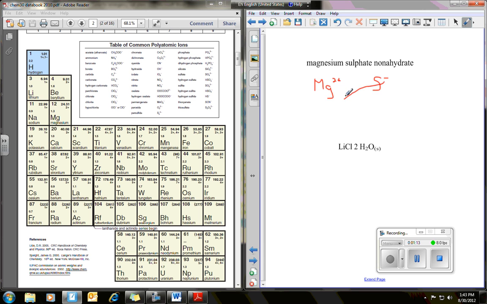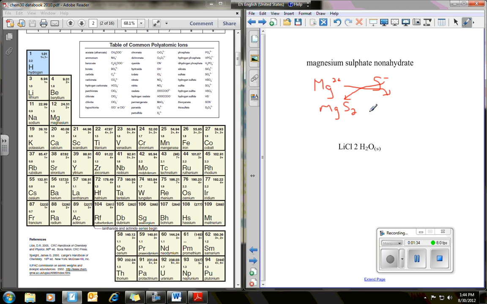You do the crossover rule with my beautiful arrows, and then you have Mg1, negative. So you eliminate the ones, you eliminate the negatives. S2, and that is my compound.